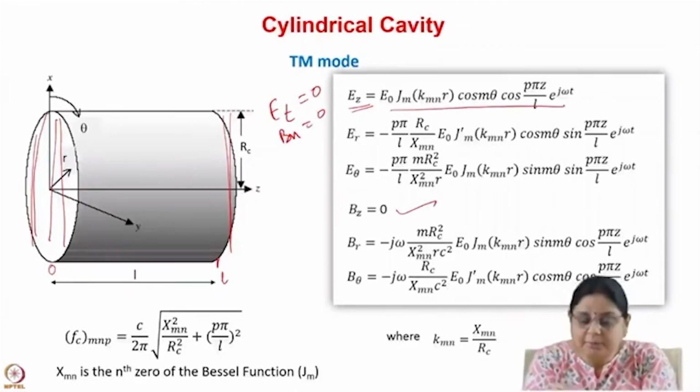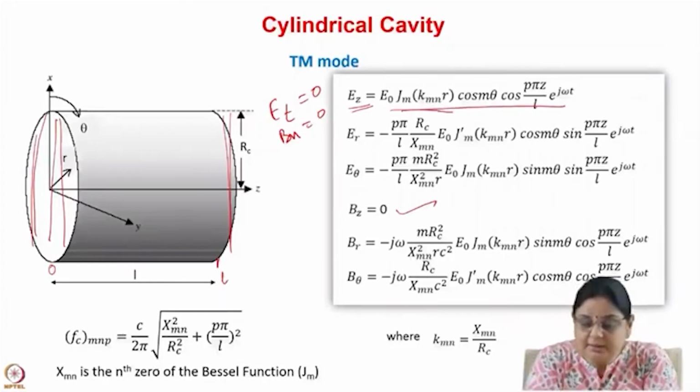So you see that Ez has a Bessel function dependence in R and a cosine function dependence in theta and Z. This is similar to the case of the waveguide. Now since it is bounded in the Z direction also, you have a cosine variation in the Z direction.